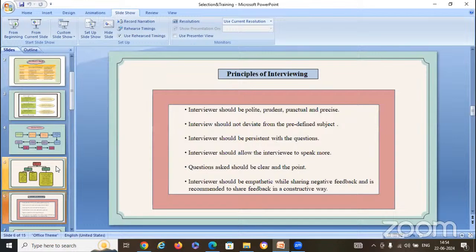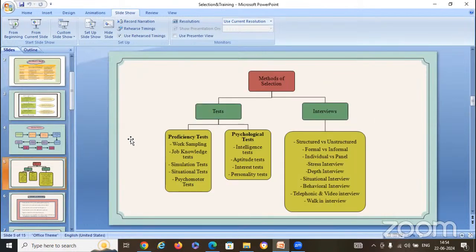Ma'am, in this selection process, the personality of the person whom we are selecting is important. Personality, yes. Whether it is important or not depends on the type of job and the type of organization.